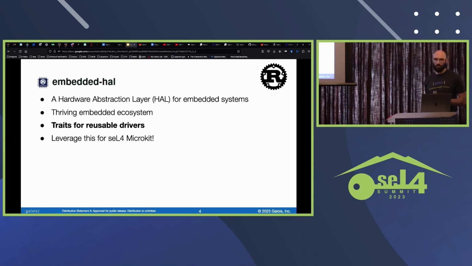I guess probably many people already know what Rust traits are, but just in case you don't, it's just an interface of methods, mostly methods, that you implement on a data type, and then you can make your Rust code polymorphic over things that implement that trait.